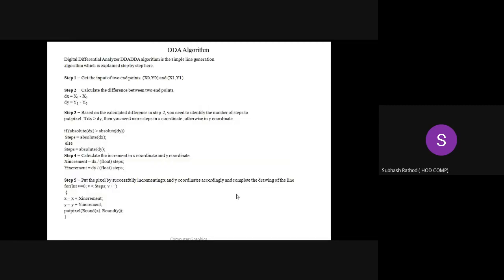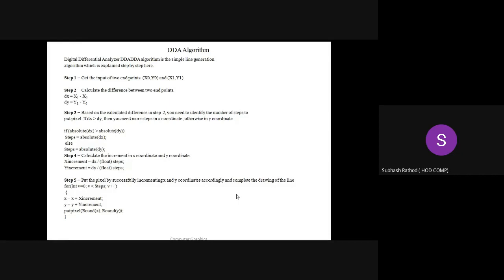Again, I will show you this algorithm, the DDA line drawing algorithm. By the end of the lectures, you should take more examples to follow this algorithm. You can assume two endpoints of the line on your own and apply this algorithm.